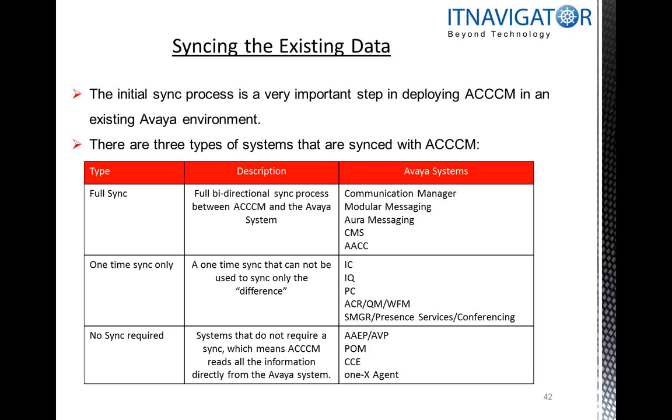Changes that you do in the native interface will be reflected in Control Manager. When you do an edit, the edit will appear immediately in Control Manager because Control Manager doesn't store this data inside its database. So if you change an agent or a subscriber, then immediately when you retrieve it in Control Manager, you will see the updated data.